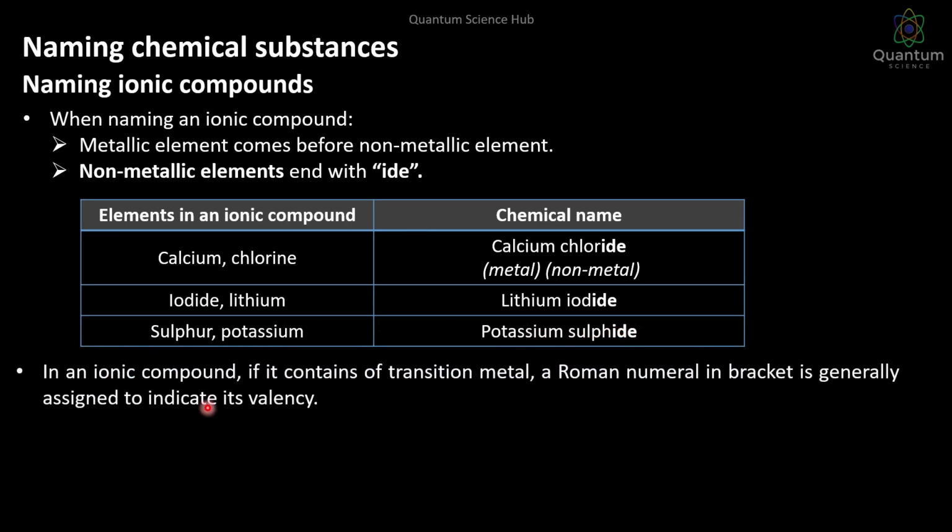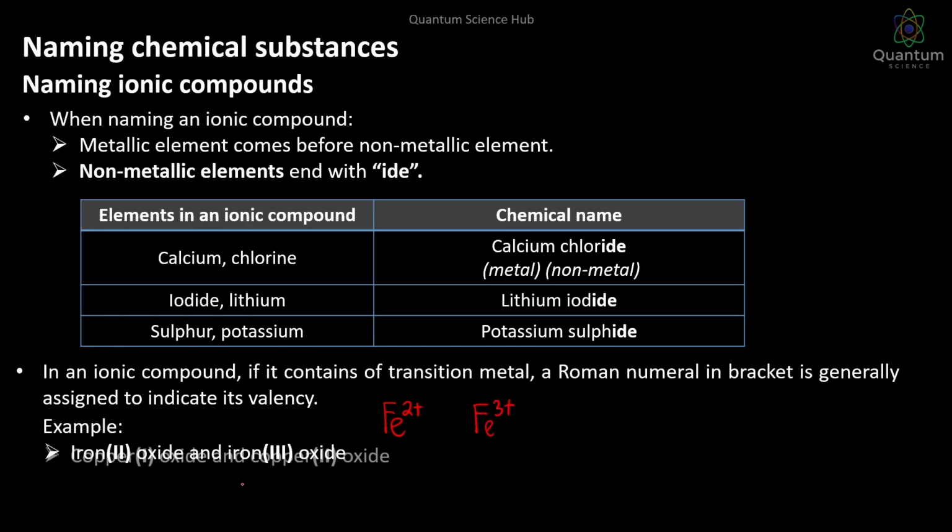Okay? In an ionic compound, if it contains a transition metal, a Roman numeral in brackets is generally assigned to indicate its valency. For example, iron(II) oxide and iron(III) oxide. So iron(II) oxide contains Fe2+, while iron(III) oxide contains Fe3+. Next, copper(I) oxide and copper(II) oxide.